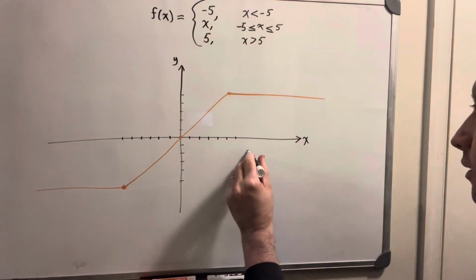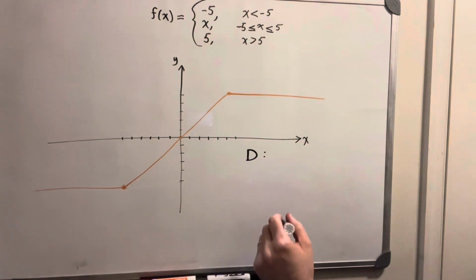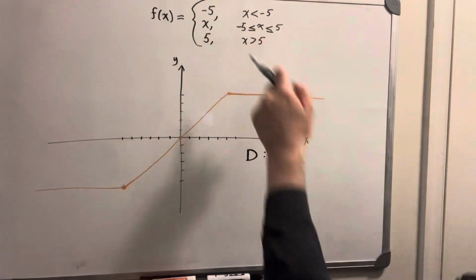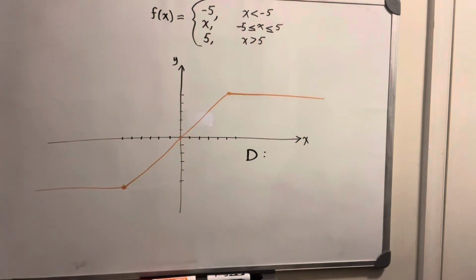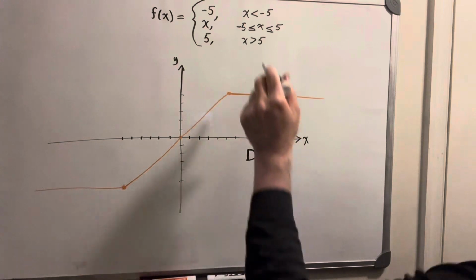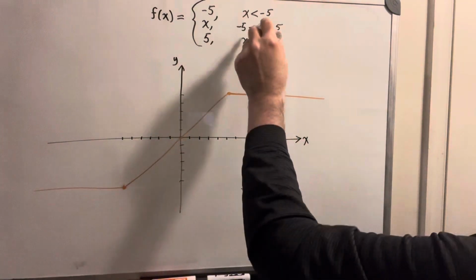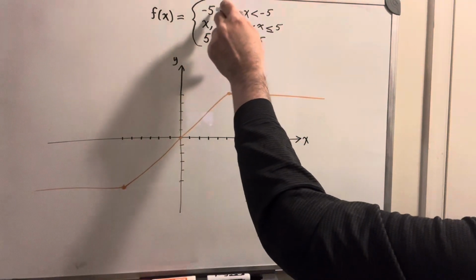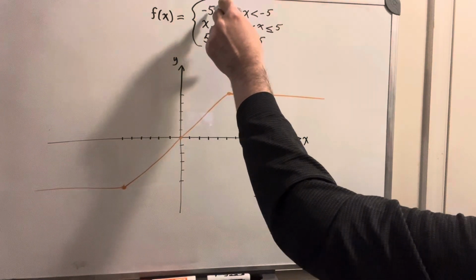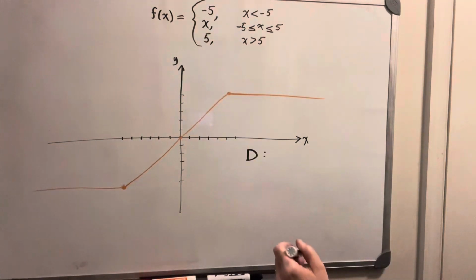The domain. Is there any value of x for which this function does not have a value or is not defined? Or does it have a value for every possible x value? Yeah, it has a value for every possible value. Because this one and this one, they meet up at the same boundary point.